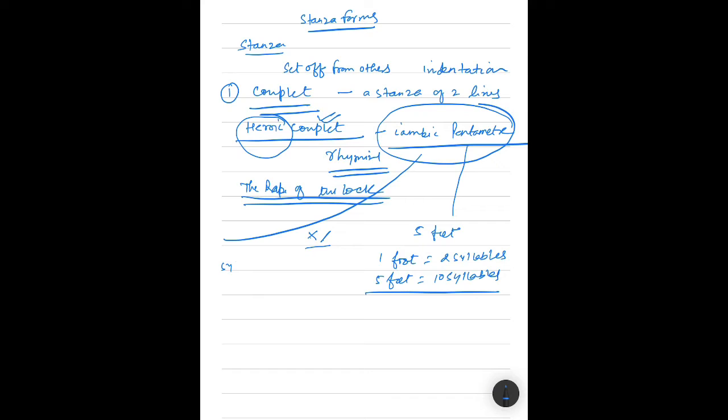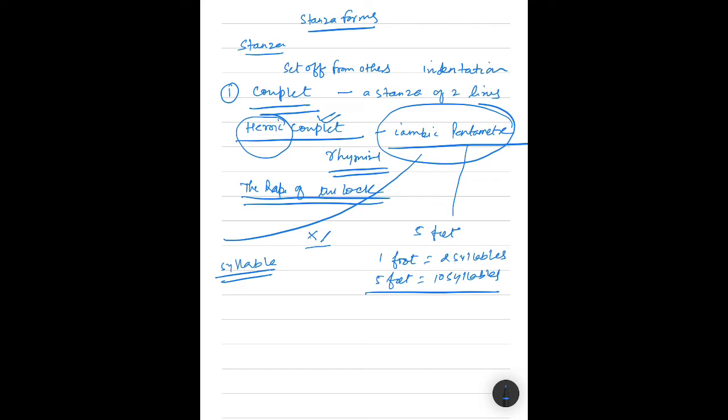Syllable, I think all of you know, when you pronounce a word, you take some pauses, and those pauses make breaks in a sentence, and that forms the syllable. Or you can say the vowel sounds, whatever vowel sounds come in a sentence, they form syllables.